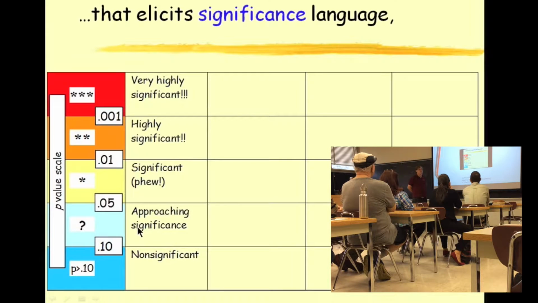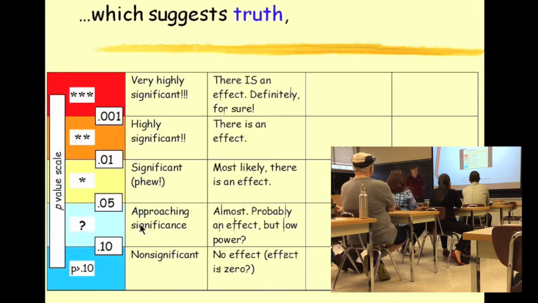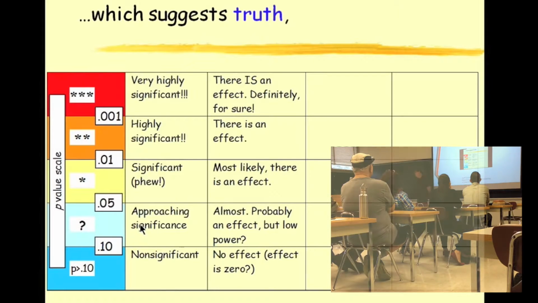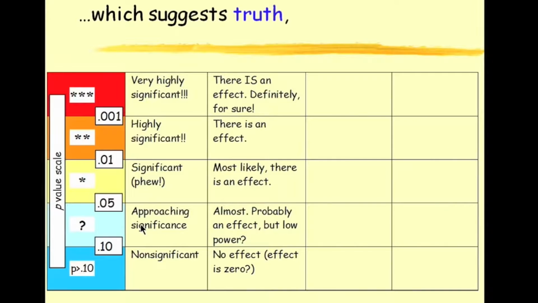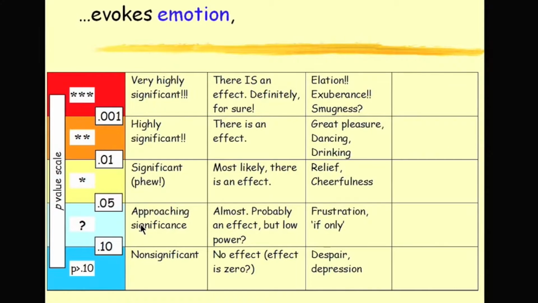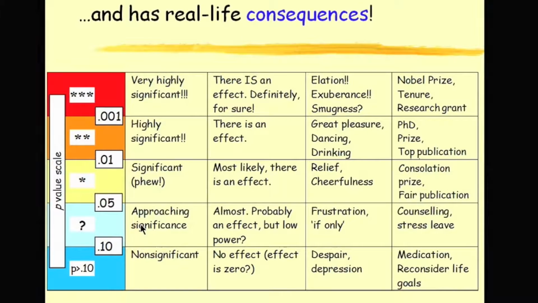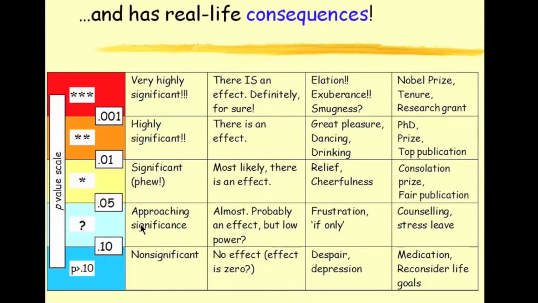How do you know it's not running away from it as hard as it can go? And we want this language to indicate truth. We desperately want to know about the world and know about truth. There is an effect, or there is no effect, or perhaps even a zero effect. And this evokes emotion. It has affect attached. And it really matters. People make decisions in the world based on values of P, whether you get tenure or not. And so it's central in everyone's thinking about research.